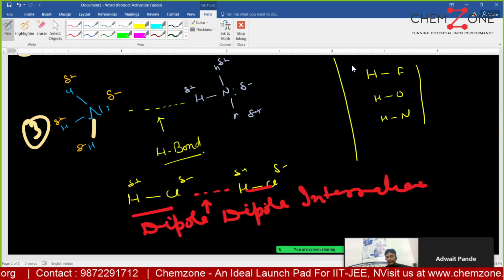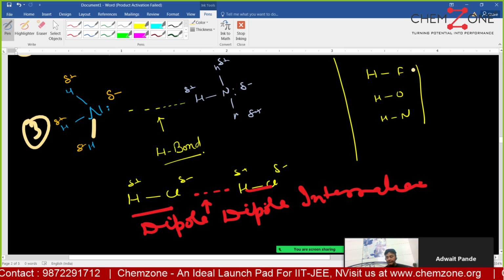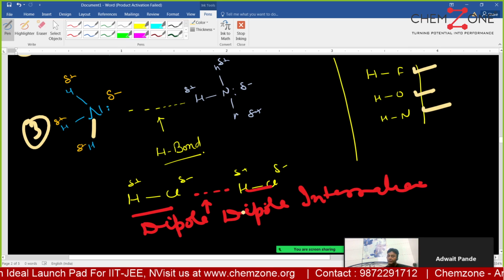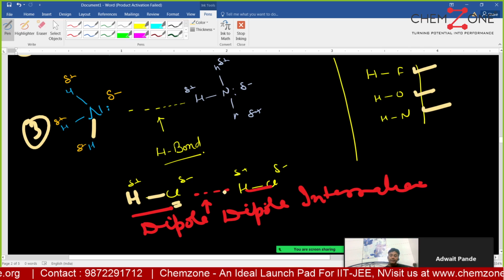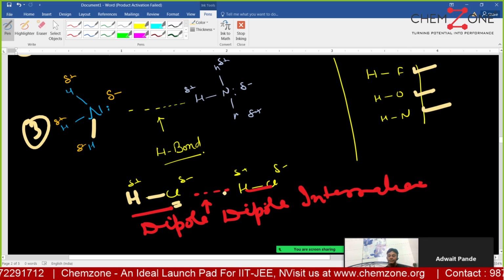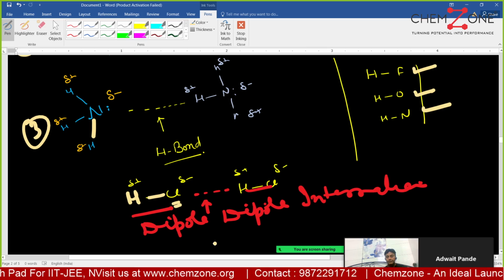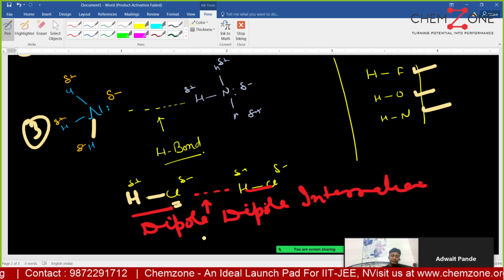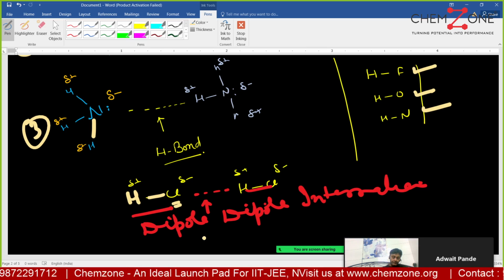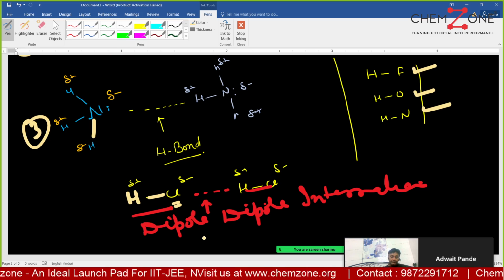It means hydrogen must be bonded with fluorine, oxygen, or nitrogen. Then only they can show hydrogen bonding. But here hydrogen is bonded with what? Chlorine. So even though the molecule has polarity, the bond between two molecules will not be called a hydrogen bond, but a dipole-dipole interaction. Yes, only when the hydrogen is bonded with oxygen, nitrogen, and fluorine, in case the molecule is polar.